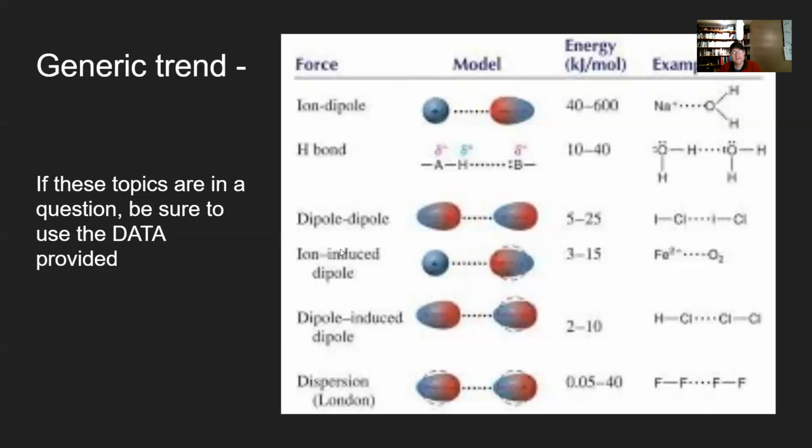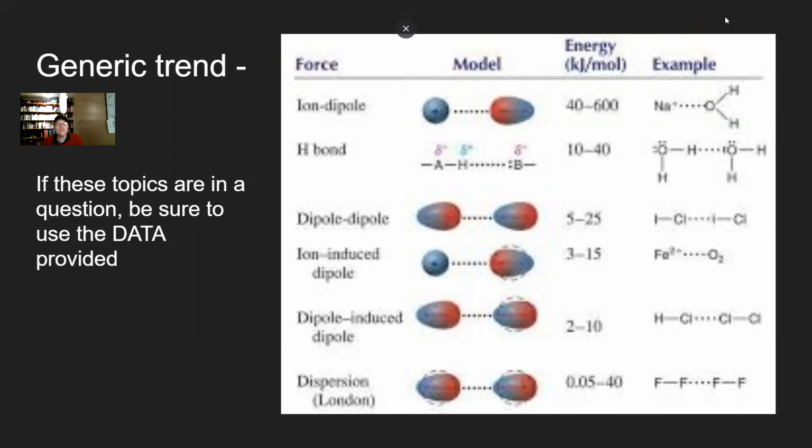So this is, granted, a pixelated version of a diagram. However, this is the general trend for strengths of these intermolecular forces. You'll notice that ion-dipole happens between an ion and a dipole molecule. We'll talk about those in general. So far, we've just referred to them in a homogeneous sense.